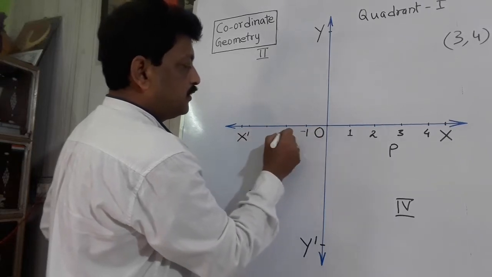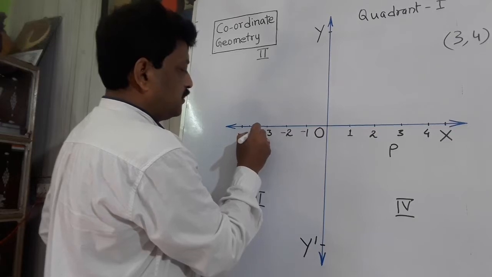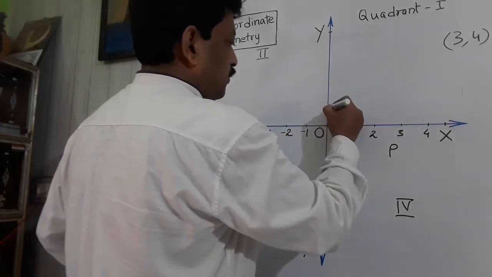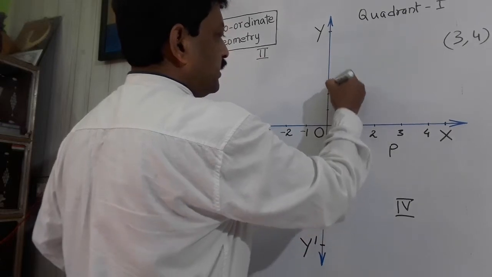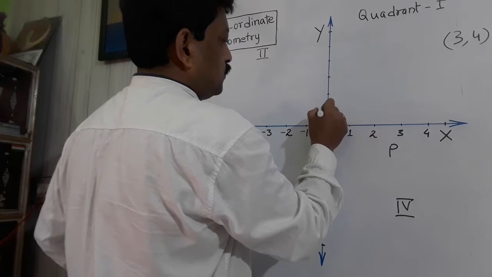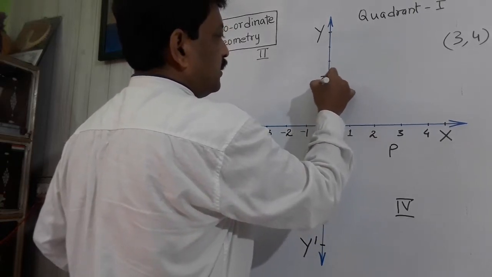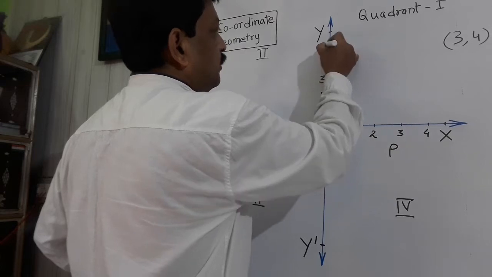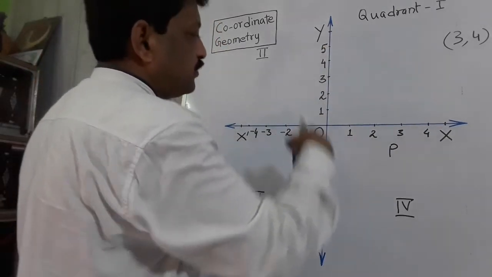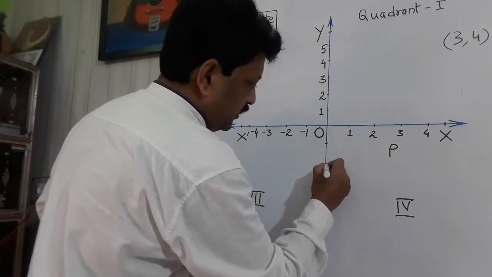So -1, -2, -3, and this one is -4. Now we have to mark the y-axis also. Since we are going above the x-axis, this marking will be positive. The value of the y coordinate will be positive above the x-axis, and below the x-axis it will be negative.